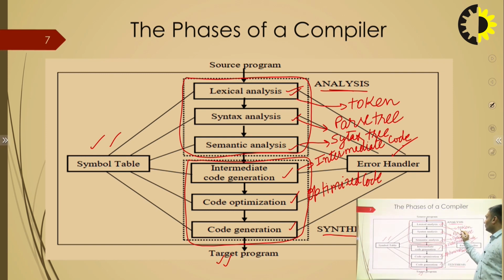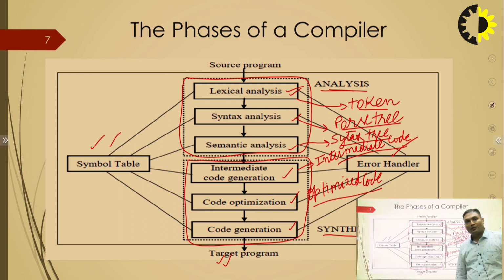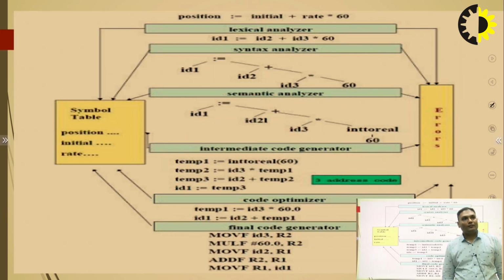First phase gives tokens, second phase gives the parse tree, the syntax tree is produced by semantic analysis, intermediate code is generated by intermediate code generation, code optimization produces the optimized code, and the code generator produces the target code. So let's see the example.